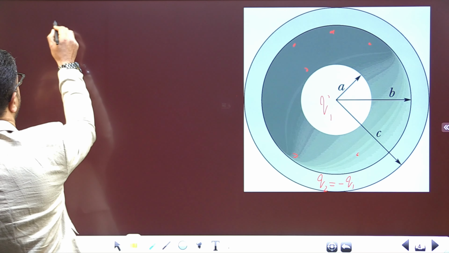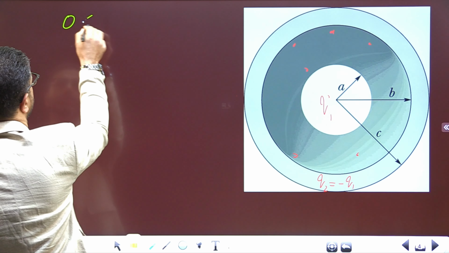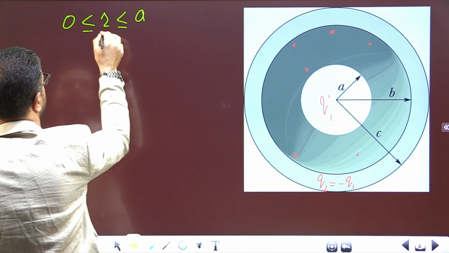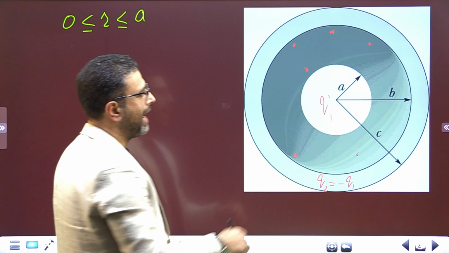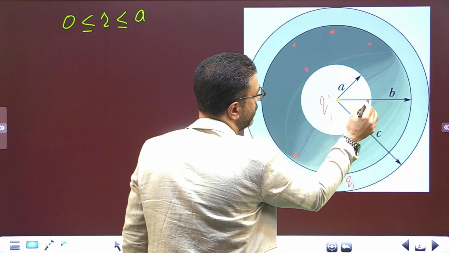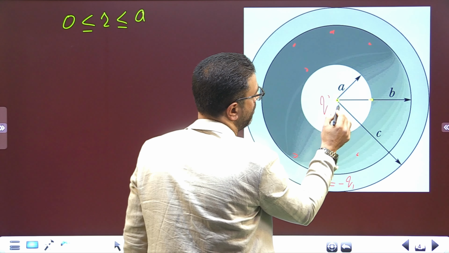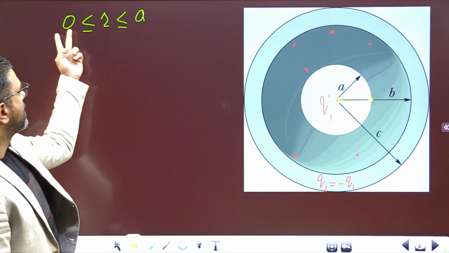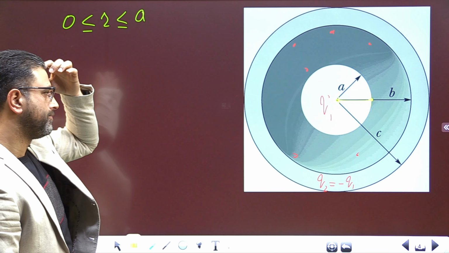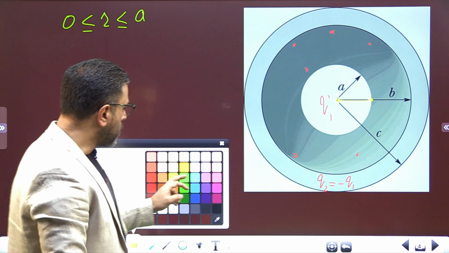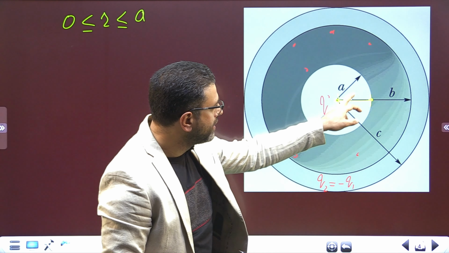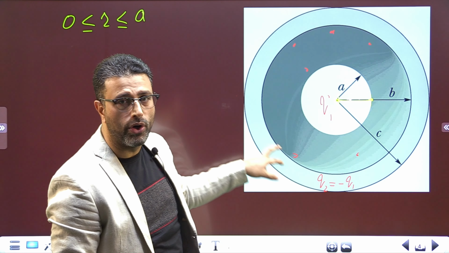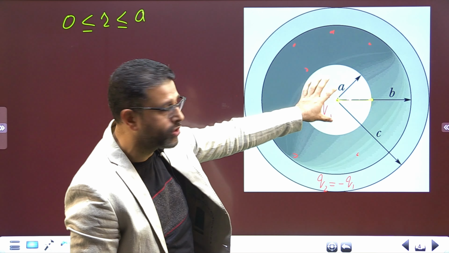For any point with r greater than 0 but less than or equal to a, we are talking about points lying inside this sphere.